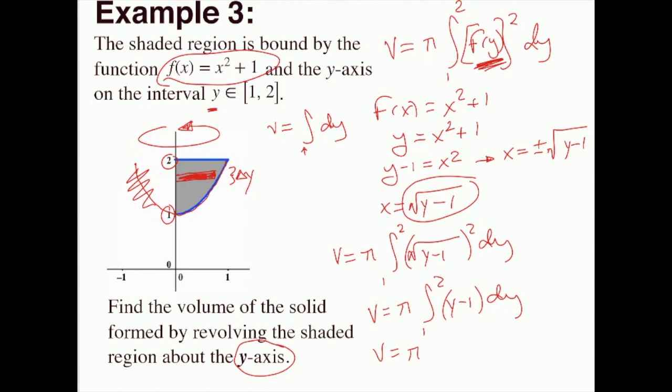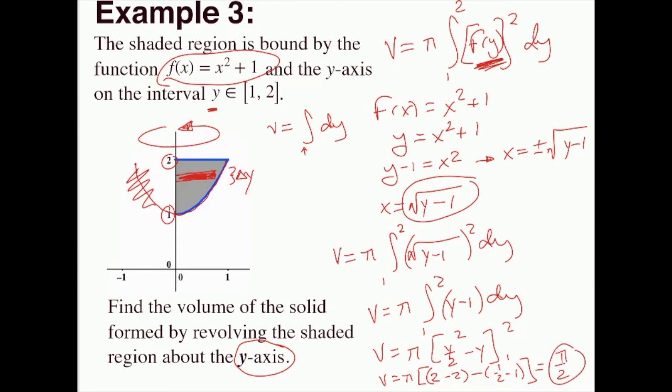So now when we integrate, we have y squared over 2 minus y from 1 to 2. 2 squared over 2 is 2, minus 2, that's the f of b, minus the f of a, which is 1/2 minus 1. We get a volume of pi over 2.